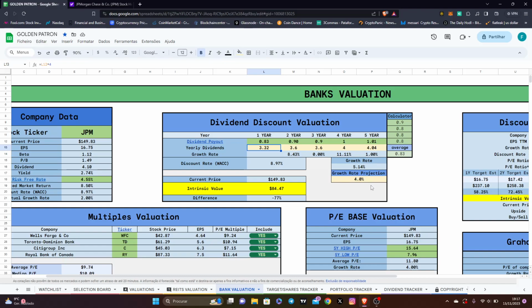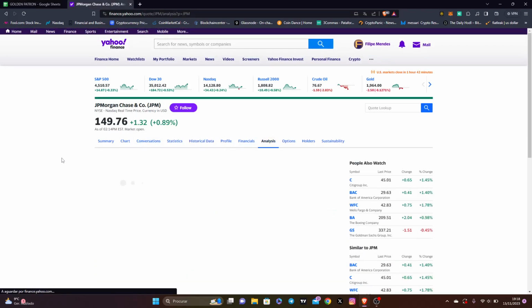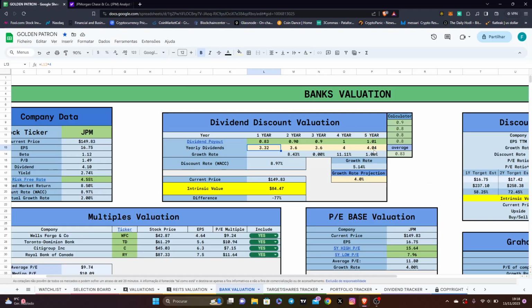So we need to have a very small growth rate. If you're not comfortable using your own, you can just come here and take the analysts' estimated growth, and that would be 3% for JP Morgan. I think it will be 4. I'm going to go with 4, but you can go with their projection.